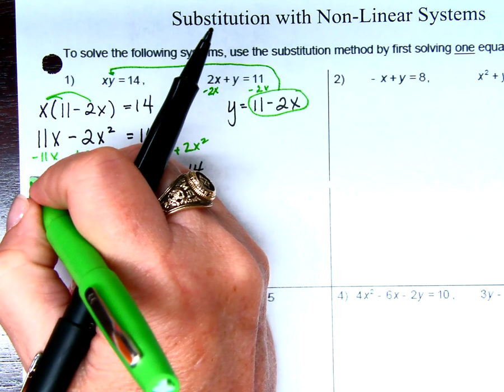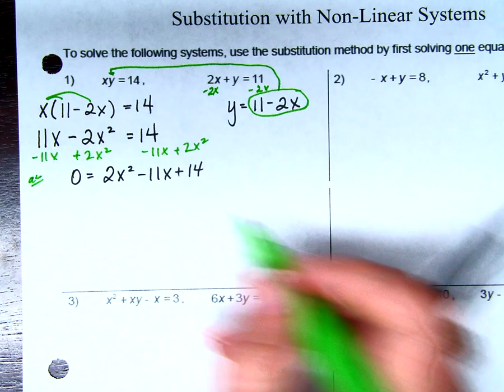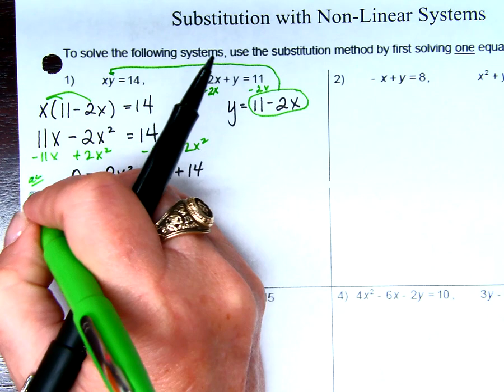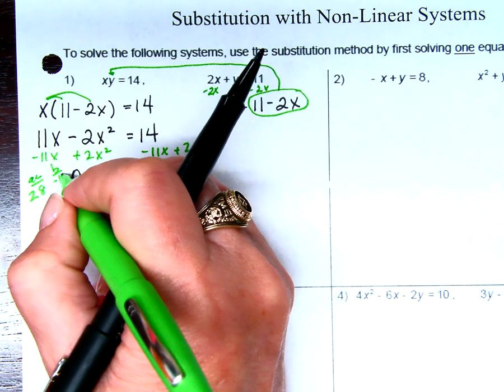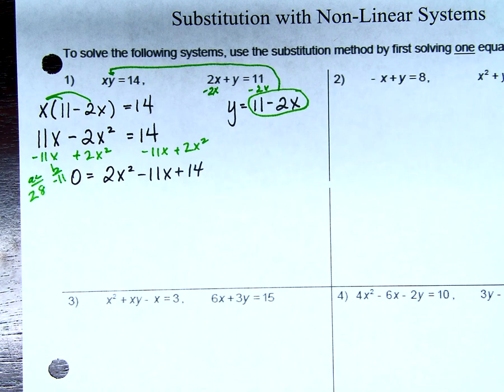So factoring means AC is 2 times 14, so 28. And then B is -11. So can you think of 2 numbers that multiply to be 28 and add to be -11? -4, -7, you okay with that?